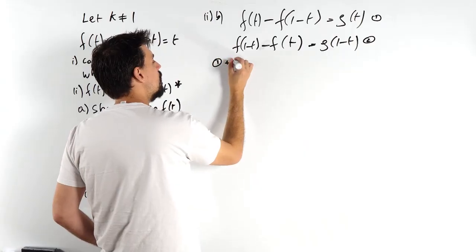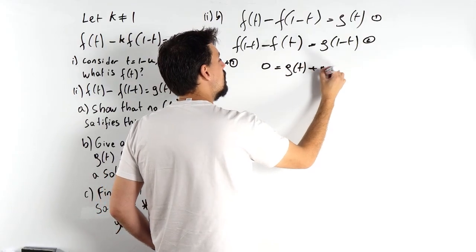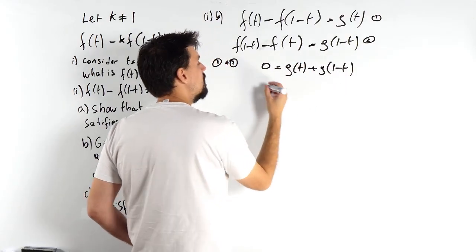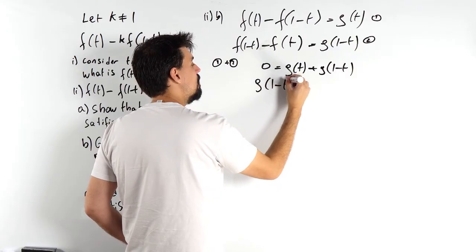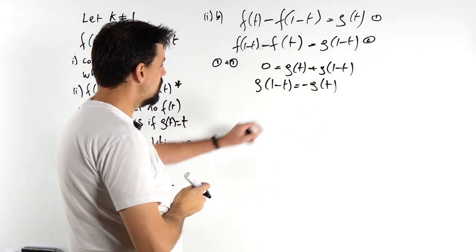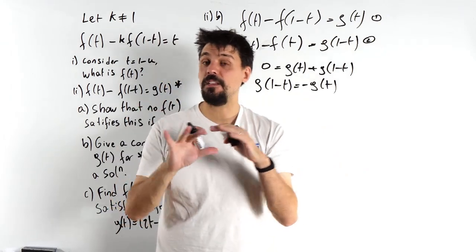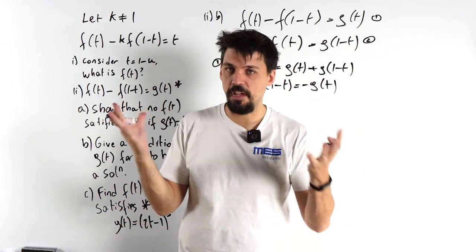So what's my condition? Well, if I do equation 1 plus equation 2, I end up with 0 is g of t plus g of 1 minus t, which really is telling me that g of 1 minus t is minus g of t. So I need that as a condition. So long as g satisfies that condition, I can find a solution in whichever way we do it.